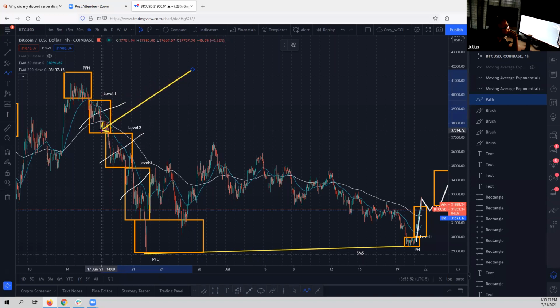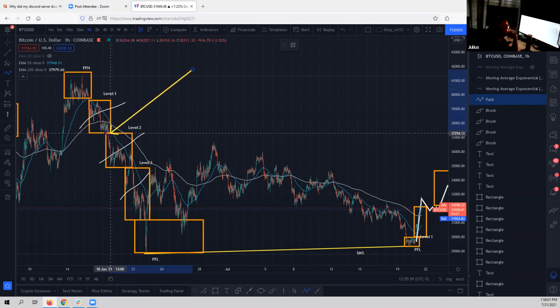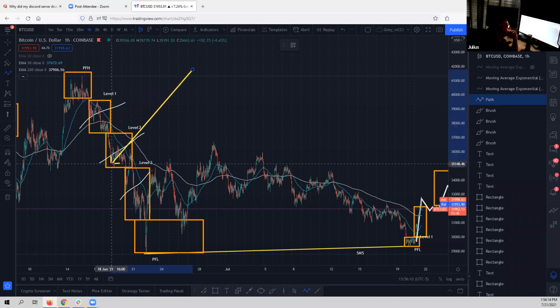On this push here, now that you've done level 1 and you're crossing over, you can wait for a pullback. And the pullback is into your 50 line. See all this consolidation pulling back into the 50 for another entry. And then you get into level 2.